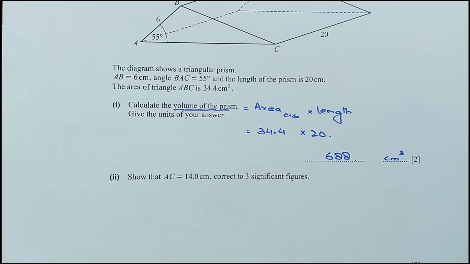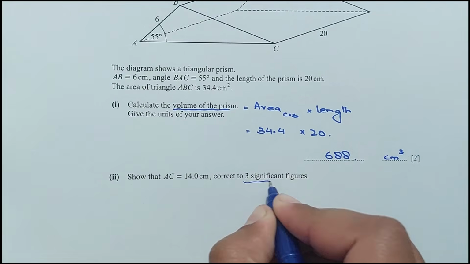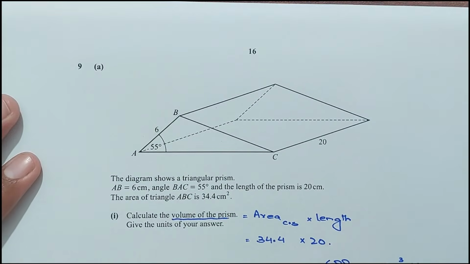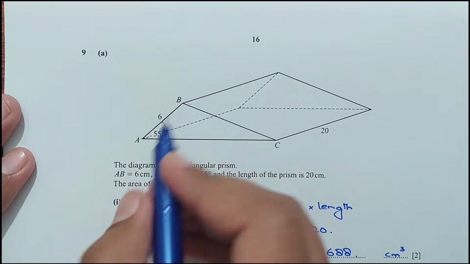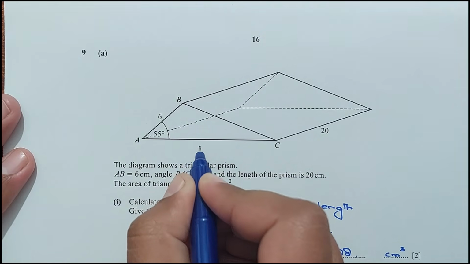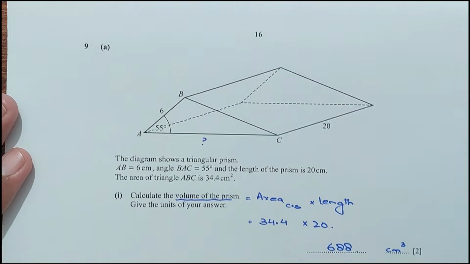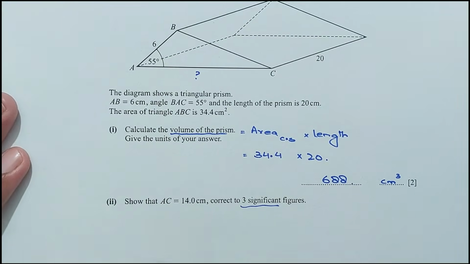Now for the second part, show that AC is 14.0 centimeters, correct to 3 significant figures. We have to solve for AC, right? We have one side and an angle, and we have to find this side. So let me use the concept of area.